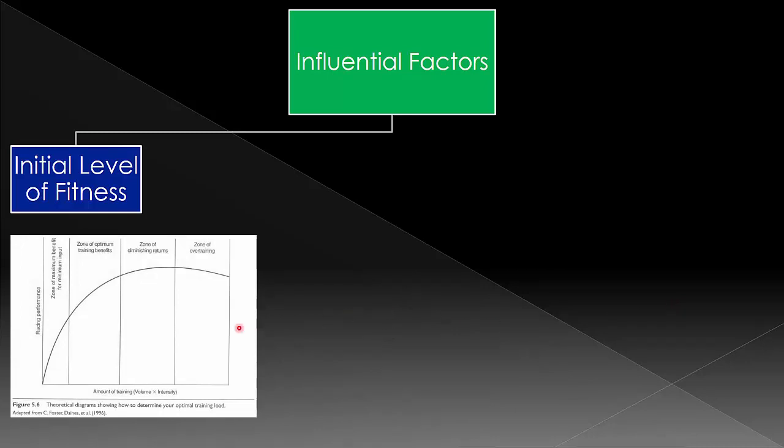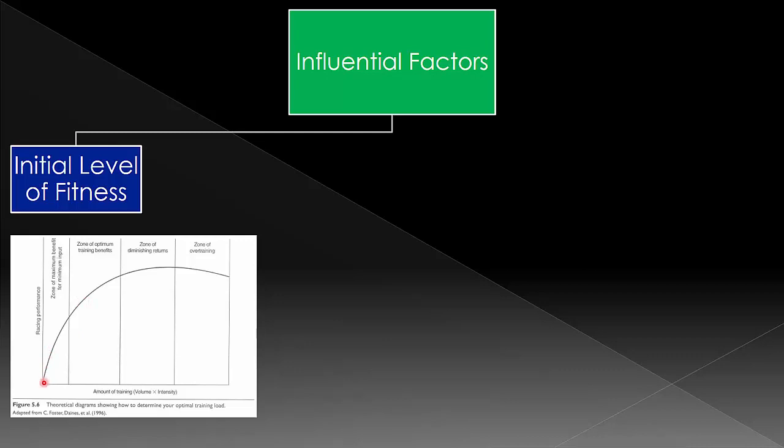And this is actually in reference to looking at how much training you need to increase someone's adaptations. But this also works for looking at what are the initial changes that you would experience depending on your initial level of fitness.